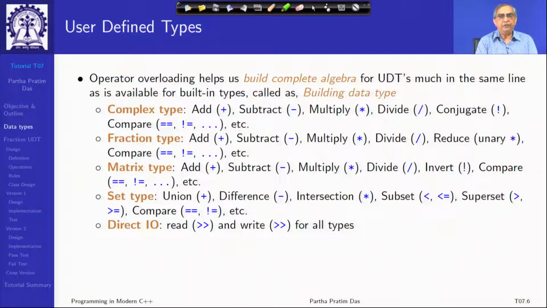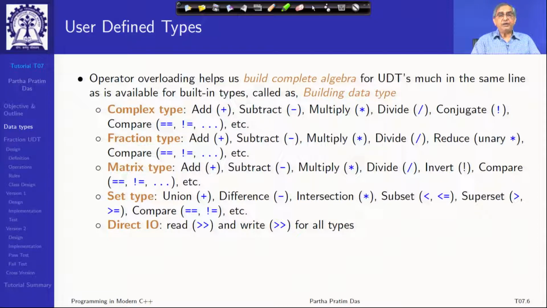We have often taken example in different places in the module of operations being done on the complex type, like add, subtract, multiply, divide, take conjugate of and so on. In fact, the complex type is also available in the standard library. In addition, we can ask for a fraction type which deals with fractions and does several algebraic operations.